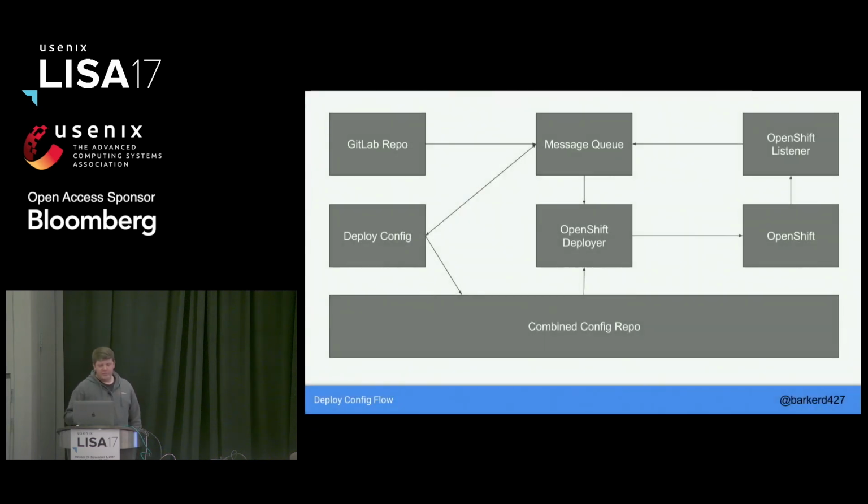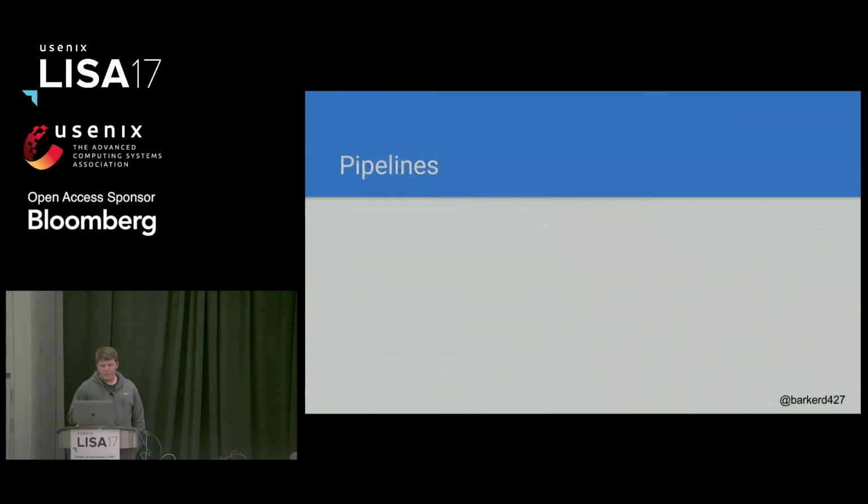And then the exact same flow happens for the deploy config. And this is similar to the other systems that you saw. We just expand it to the entire life cycle of the application. So we have some higher level concepts of stages.